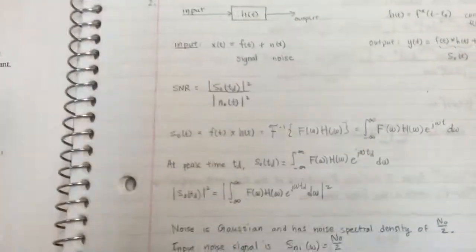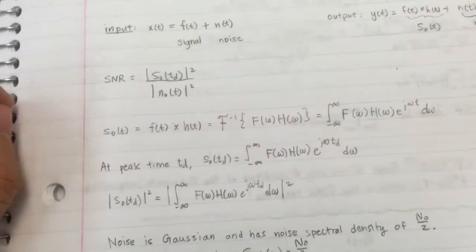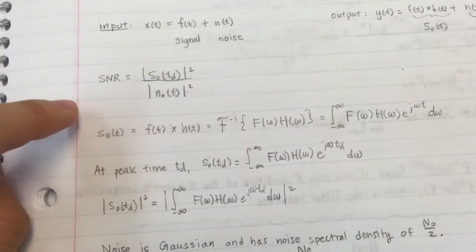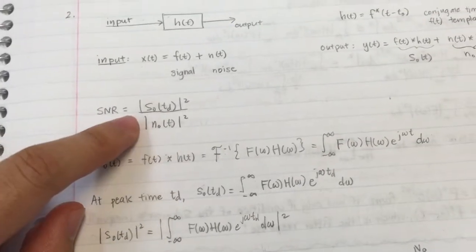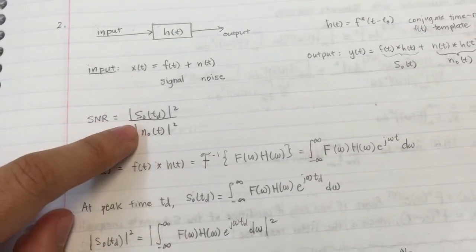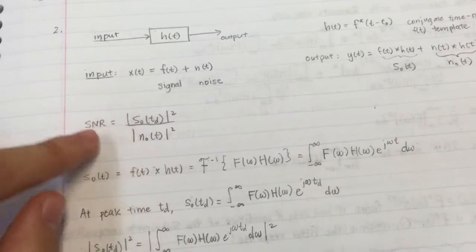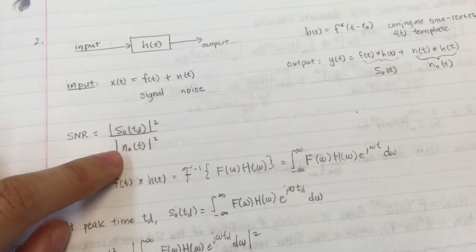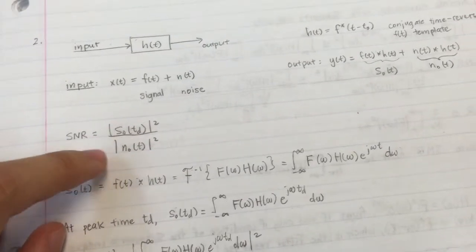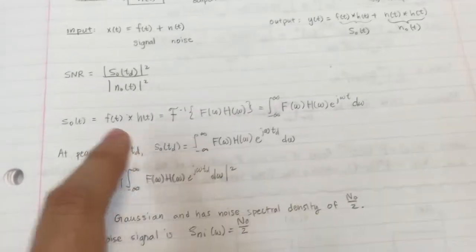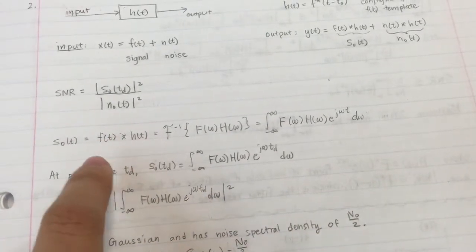So the SNR equation, or signal to noise ratio equation, is the absolute value squared of the signal component of the output over the absolute value squared of the noise component of the output. We can break this down into numerator and denominator.